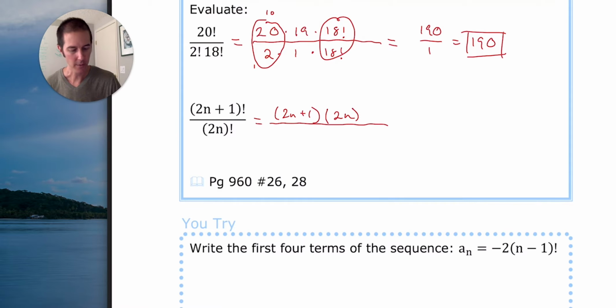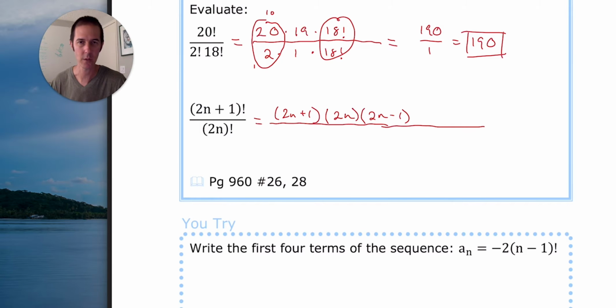And what would be the factor that comes after that? Whatever is 1 less than 2n. Well, how do you decrease something by 1? You subtract 1 from it. From what? From the 2n. So you'd have 2n minus 1, and then 2n minus 2, 2n minus 3, 2n minus 4, for a long time.